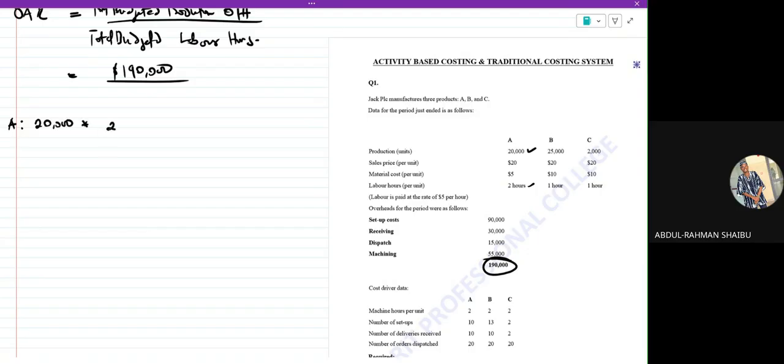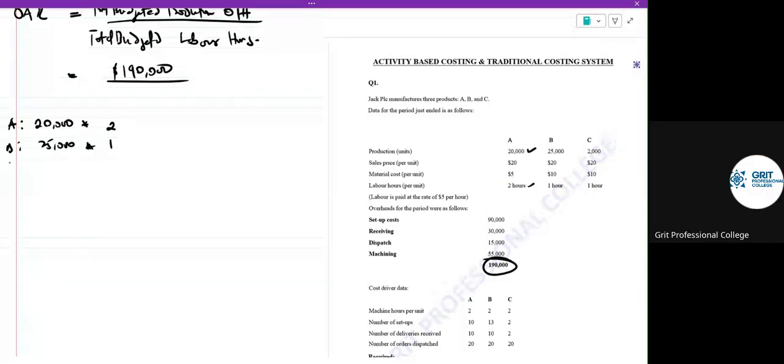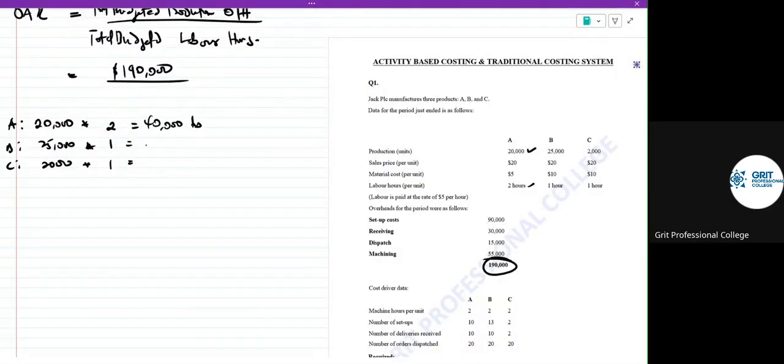B, 25,000 multiplied by 1 hour, and C, 2,000 multiplied by 1 hour. So 40,000 hours for A, 25,000 hours for B, 2,000 hours for C. You sum everything up, you get what?